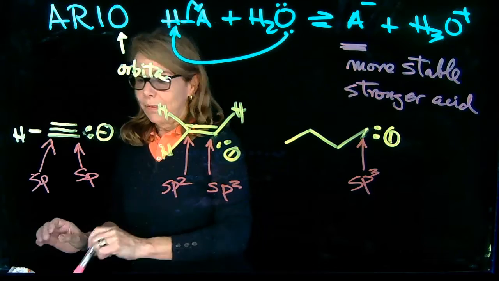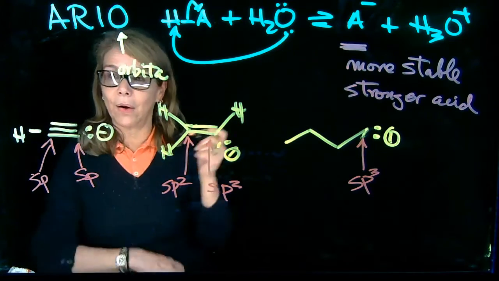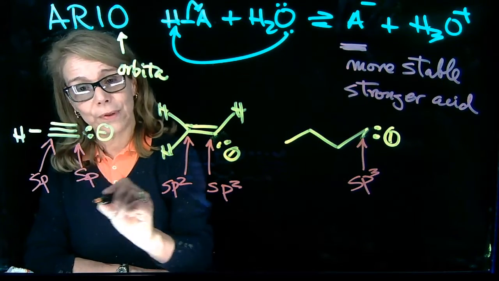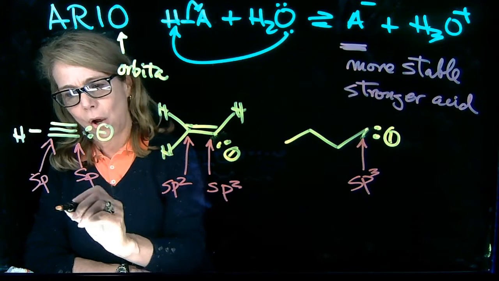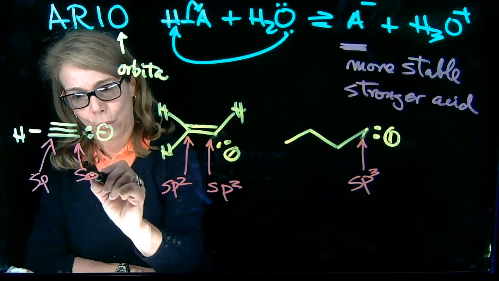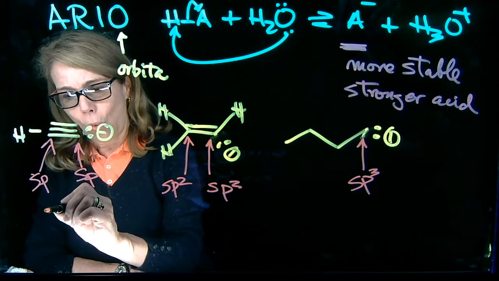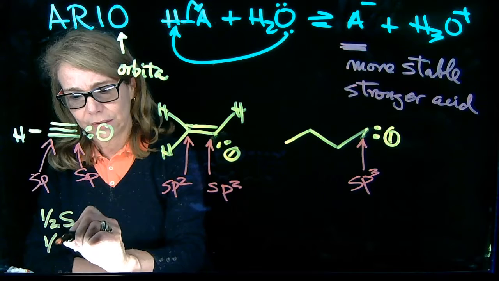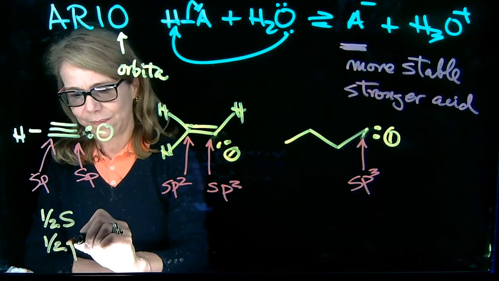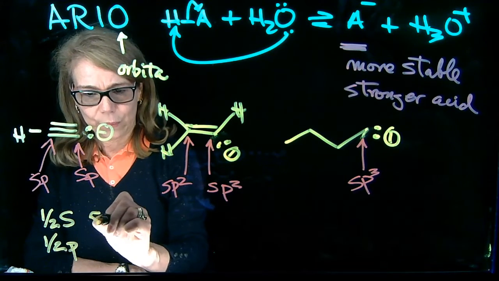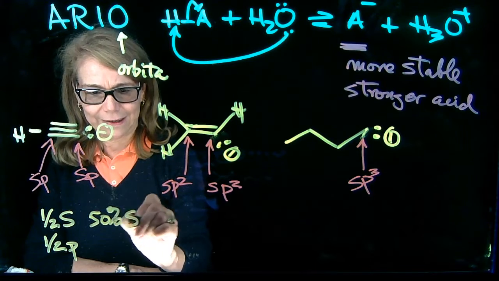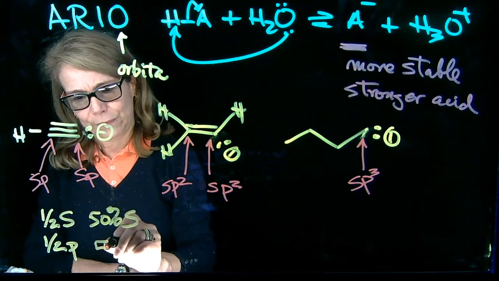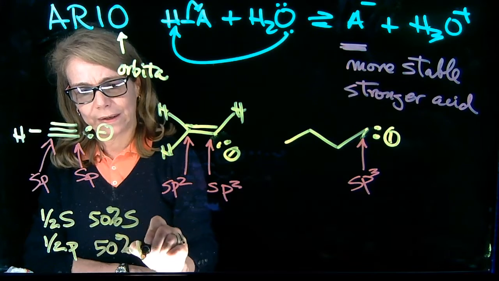Now, remember that when we form hybrid orbitals, for the sp orbital, we're mixing one s-type orbital and one p, meaning that 1 out of 2 of the hybrid orbitals is s, and 1 out of 2 is p. That is 50% s character and 50% p character.